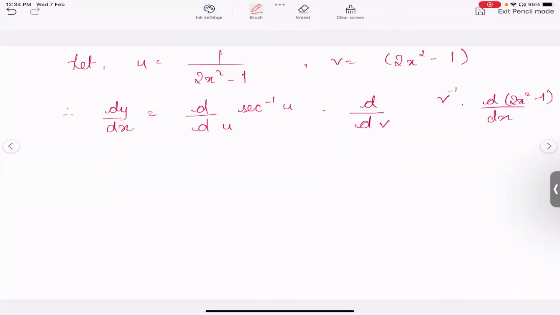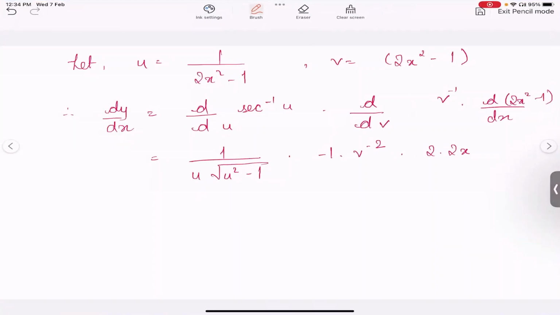Now we'll do the derivative. This will be equal to 1 by u times square root of u square minus 1, and the derivative of v inverse will be minus 1 v to the power minus 2. This will be equal to the derivative of 2x square, which is 2 times 2x.